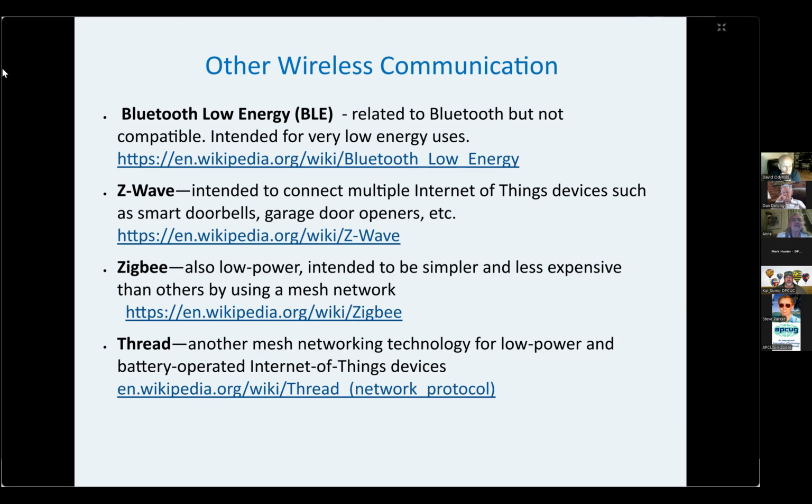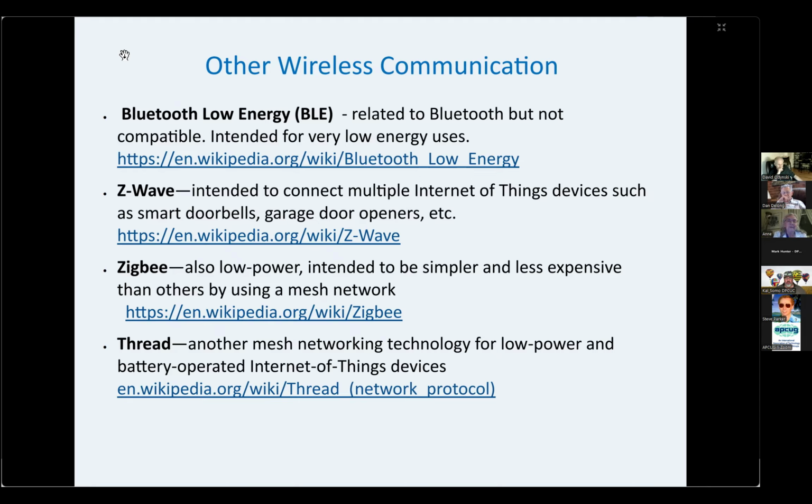Okay, so here are some other ones. Bluetooth low energy, I mentioned that before. Apparently it's not compatible with Bluetooth. And Z-Wave is intended to connect multiple Internet of Things devices like smart doors and garage door openers. But I think they have to be enabled for it. It's not that just any old camera or doorbell would work with it.